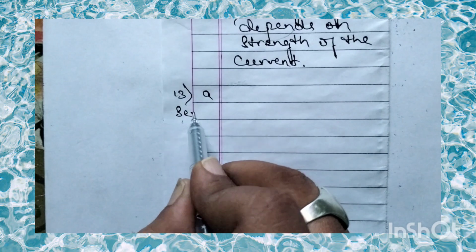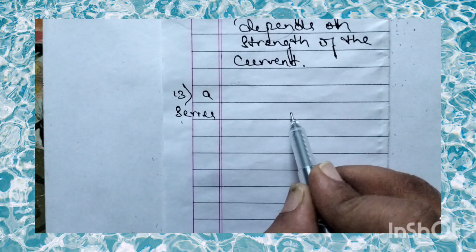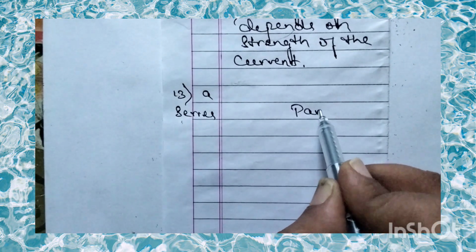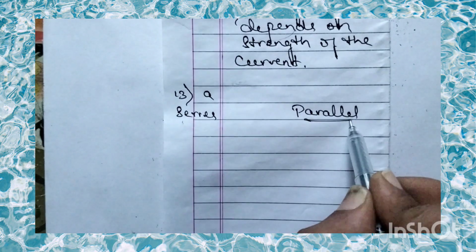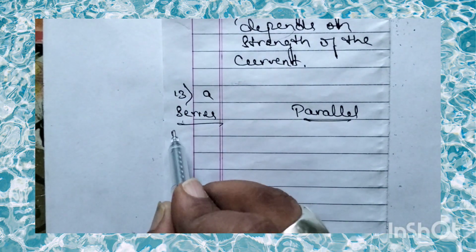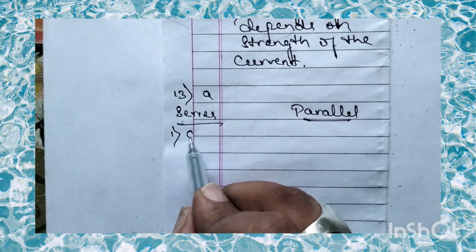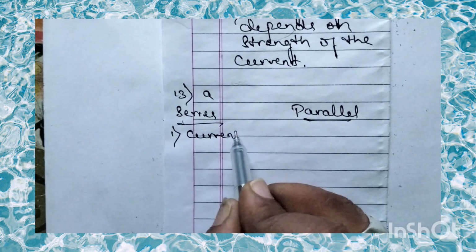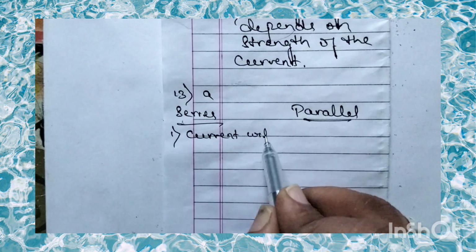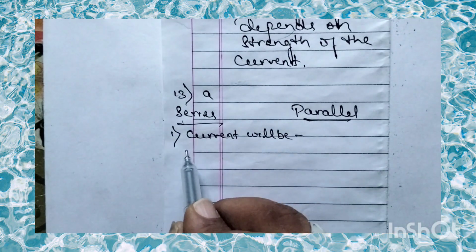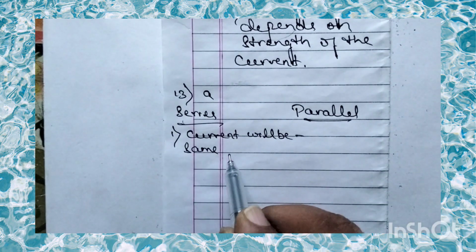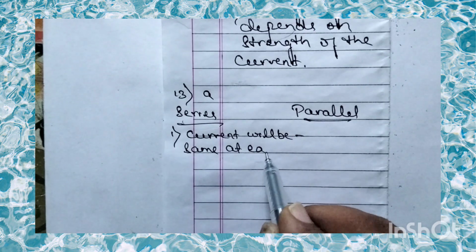So let us write the difference between series connection and parallel connection. One side series, one side parallel. So in series connection, current will be same at each resistor.